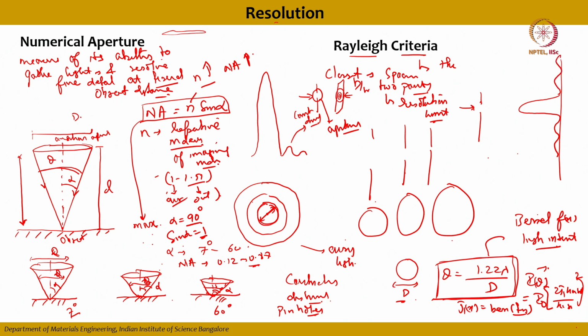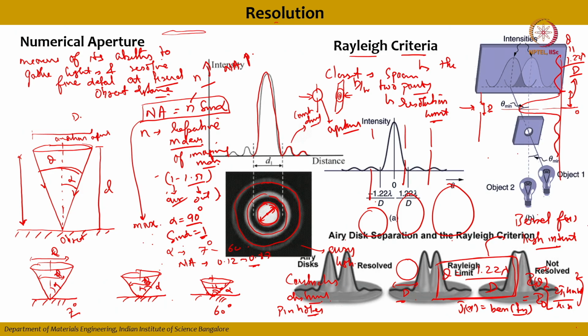Now the first minimum which appears, from this central point 0, occurs at a distance of 1.22 lambda by d, where d is the diameter of that aperture. This first minimum is related to theta, the first minimum appearing in the function.